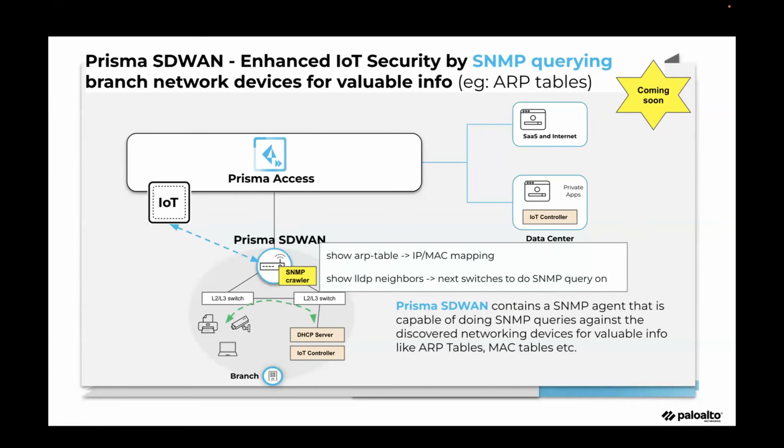But obviously, that's a brand new set of information that I can now get in scenarios where beforehand either Access or the SD-WAN wasn't in the path of this traffic, right? And again, we're talking about maybe small branches where a firewall might not be realistic to be placed out there.